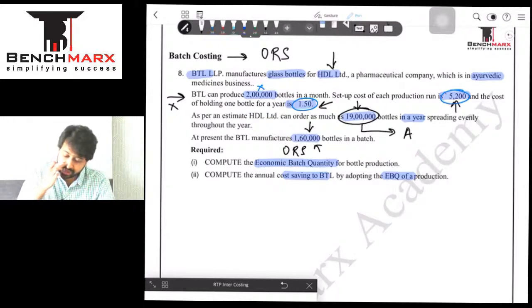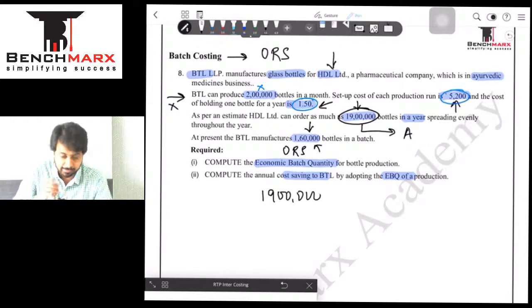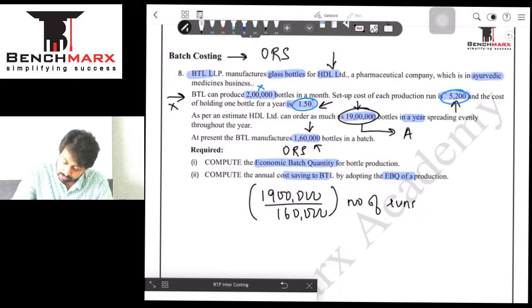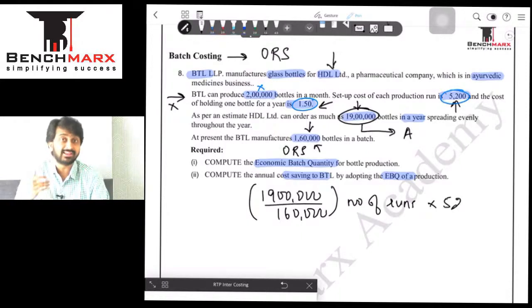Tell me what is my annual requirement? Can I say my annual requirement is 19 lakhs? Definitely yes. What is my existing batch size? 1,60,000, which is given to us. Can I say this is my number of runs every year? This into 5,200 will be my setup costs.